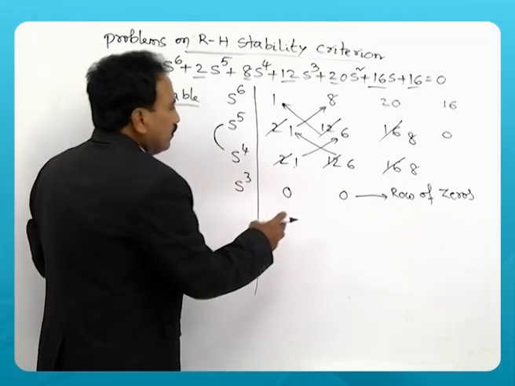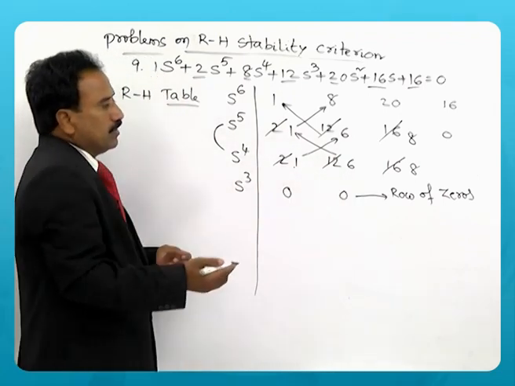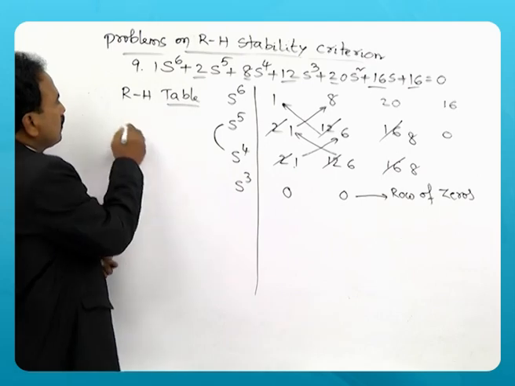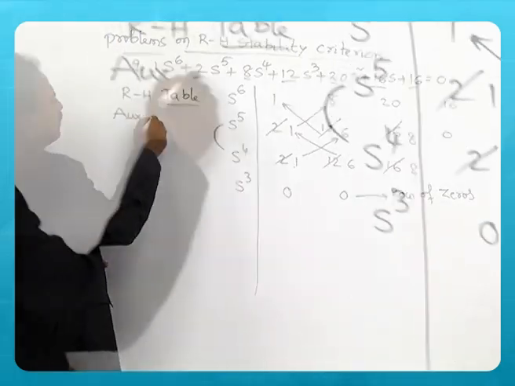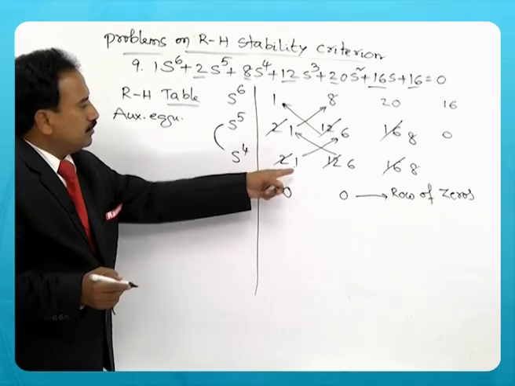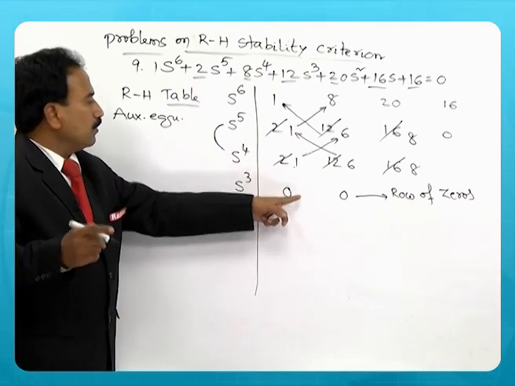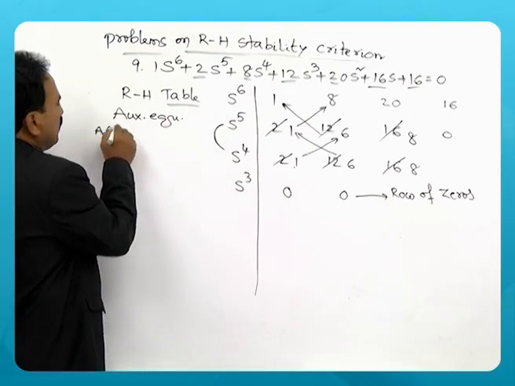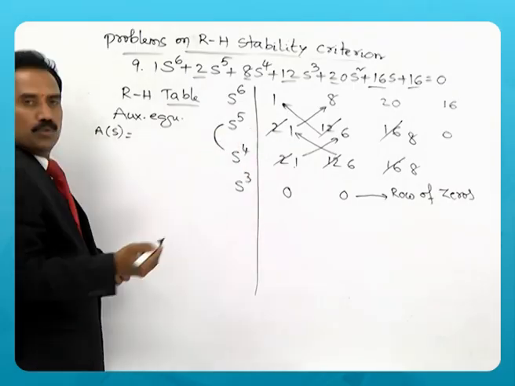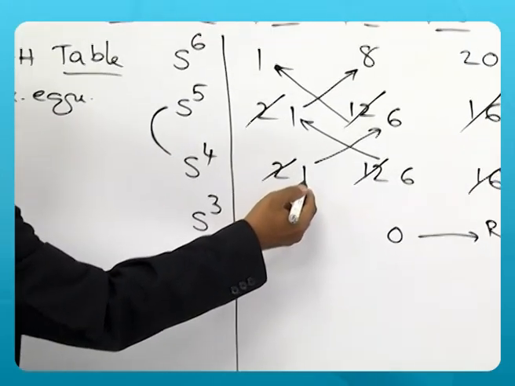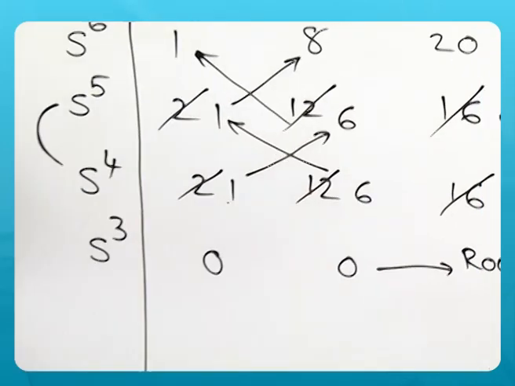So now once you get this row of zeros, you have to choose an auxiliary equation from the coefficients above the row of zeros. So that means A of s is the s power 4 row. In the s power 4 row, you see the components 1, 6 and 8.